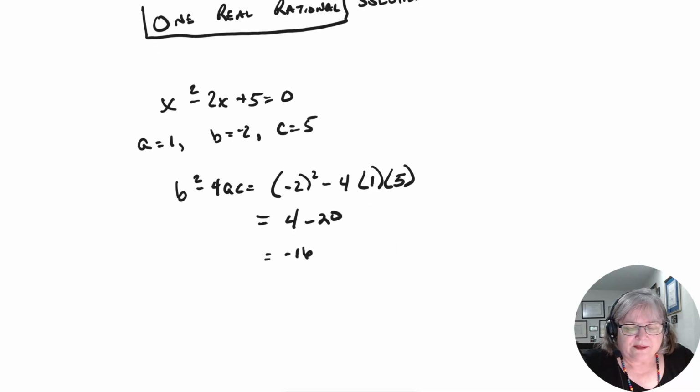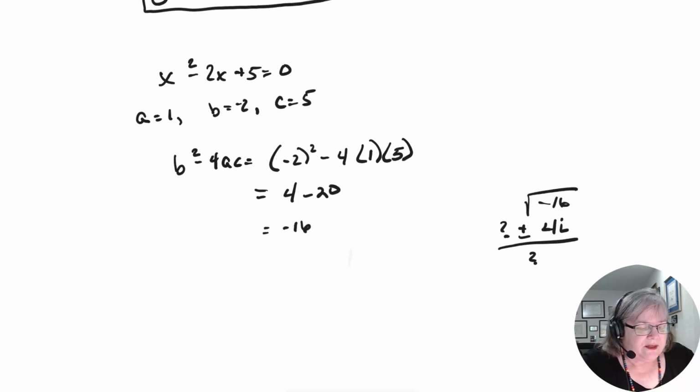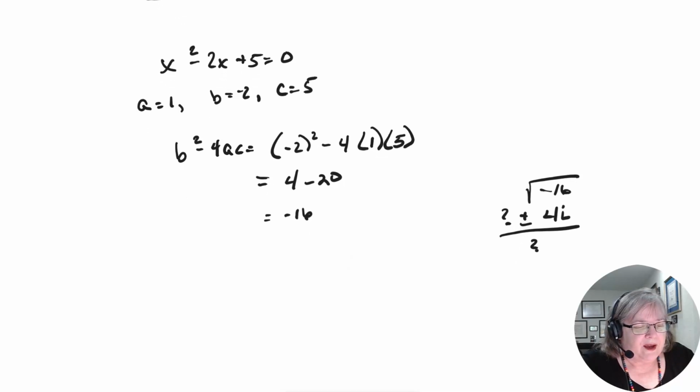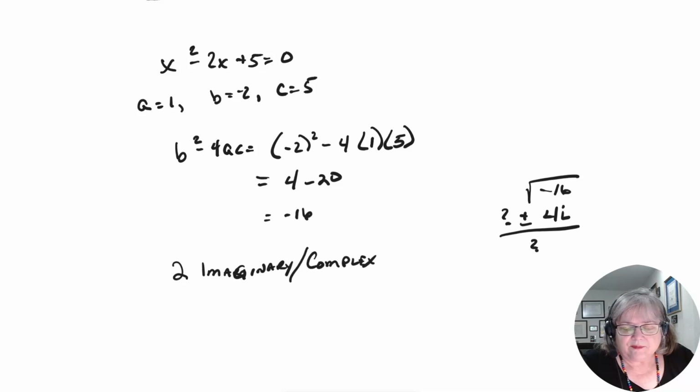This is negative 16. And the square root of a negative 16 would be 4i, right? So you would have had whatever here and whatever there, plus or minus 4i. All right. So what you would have had is two imaginary or complex roots or solutions or whatever.